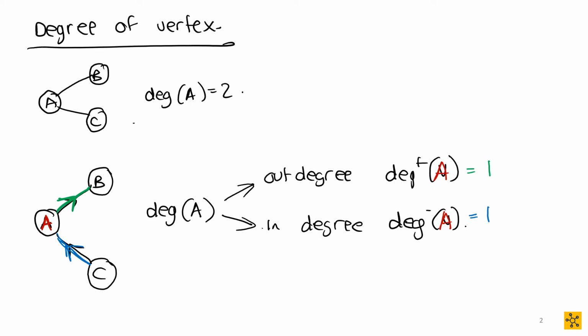Let's write that as a formal definition. Let D be a digraph, and V be an element of the vertex set of the digraph.